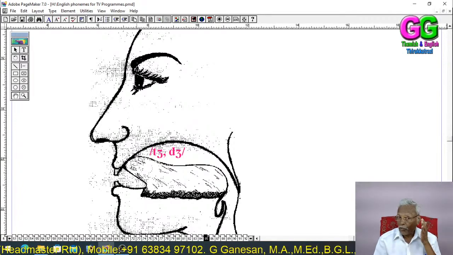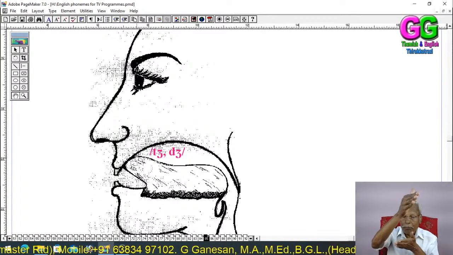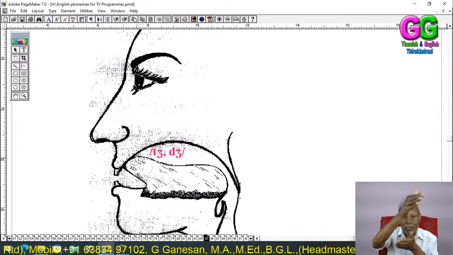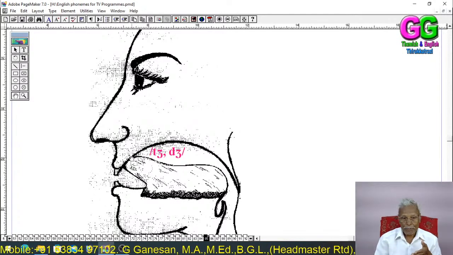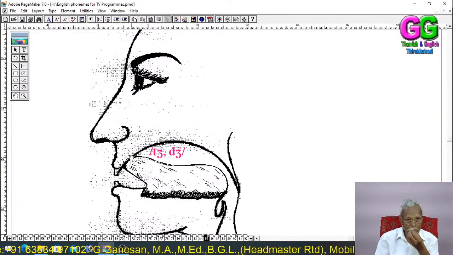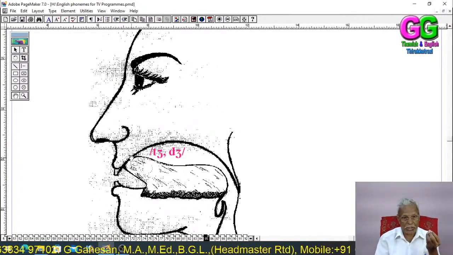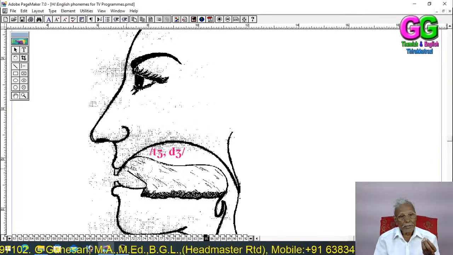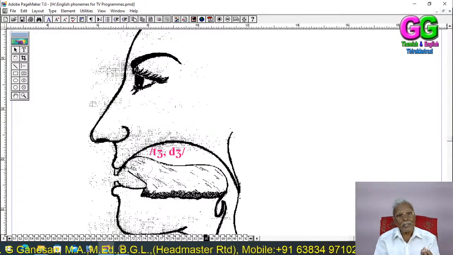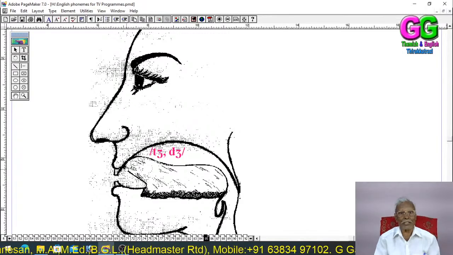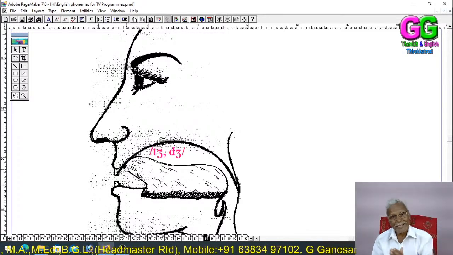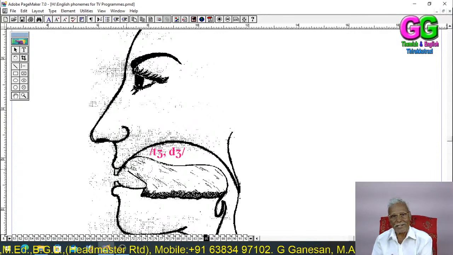When the front tongue raises and makes a contact with the hard palate and pushes, the tip of the tongue that is already in contact with the upper teeth ridge gets released.